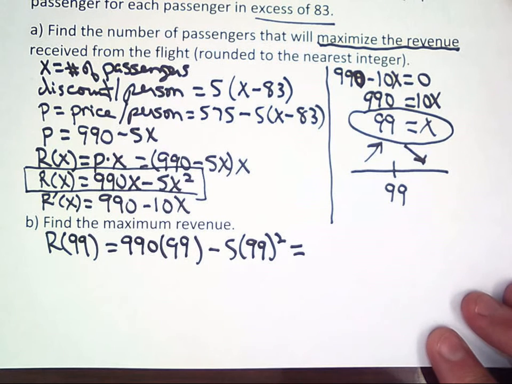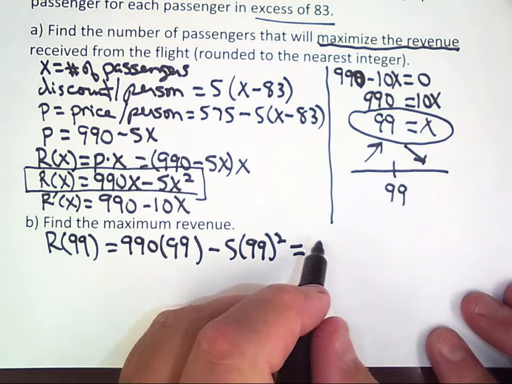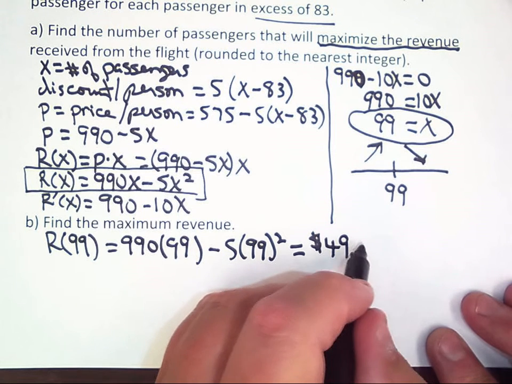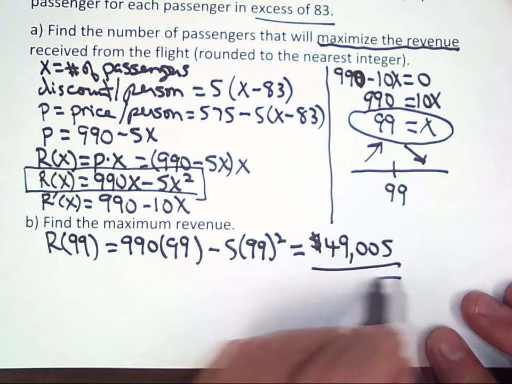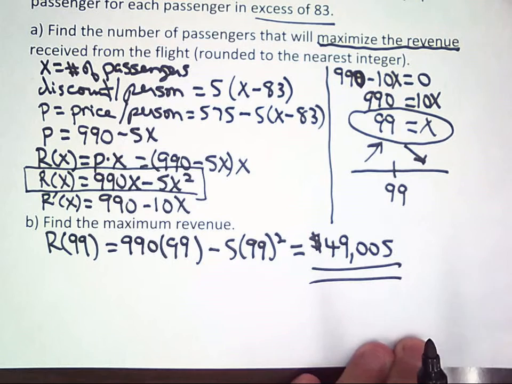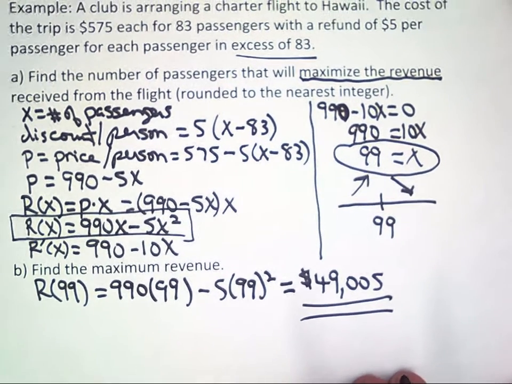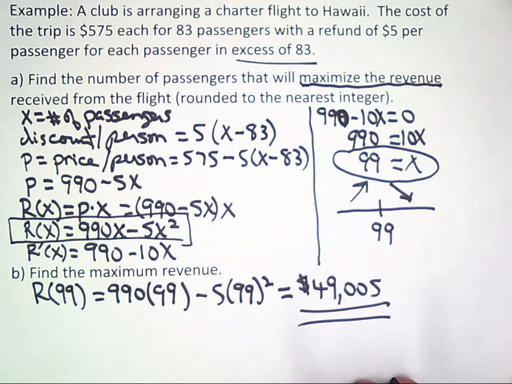I'm not going to belabor the arithmetic there, but if you carry it out, you'll end up with $49,005, and that would be the maximum revenue. Look over that very carefully and make sure you understand every part of it.